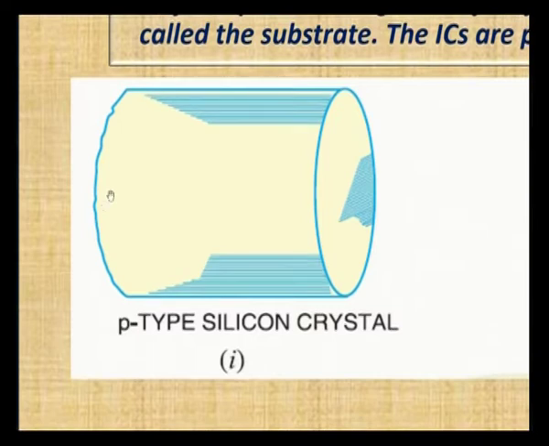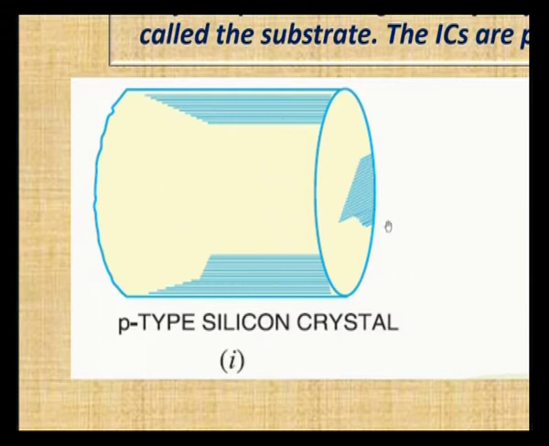How would this substrate be? Let us see the steps in the monolithic IC technology. First is the P substrate. How is the P substrate formed and how does it look? Here, we start with a cylindrical P type silicon crystal made up of P type material.